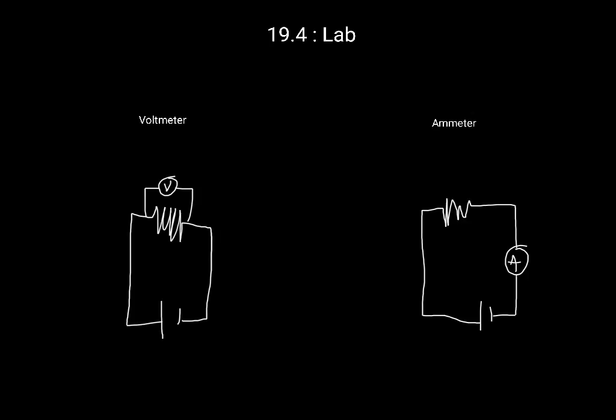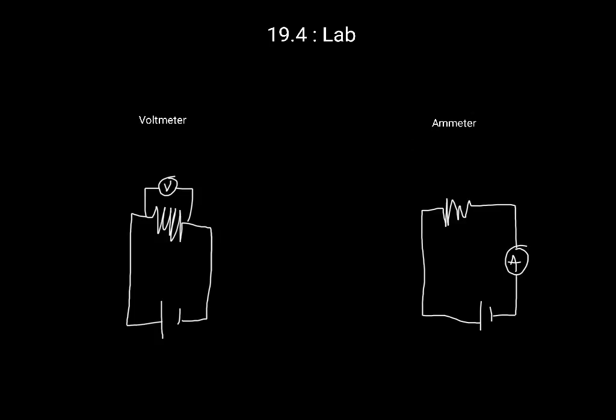On the left, we have a voltmeter, that's the circle with the V, that is put in parallel with the resistor, and it tells us what the voltage is across the resistor. On the right, we have what's called an ammeter, that's the circle with the A in it. Now, ammeter is a little bit more difficult to figure out exactly what it measures, but think amps or amperage.